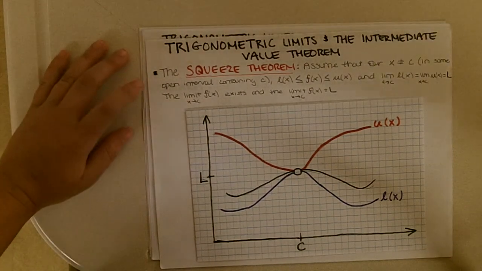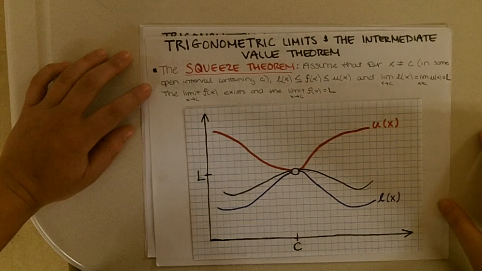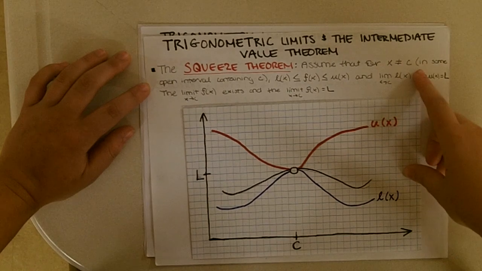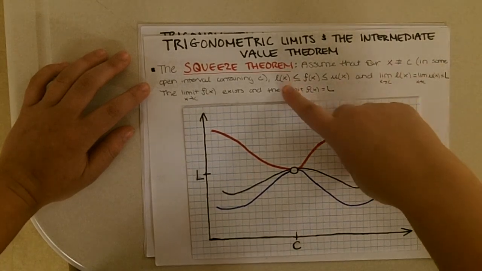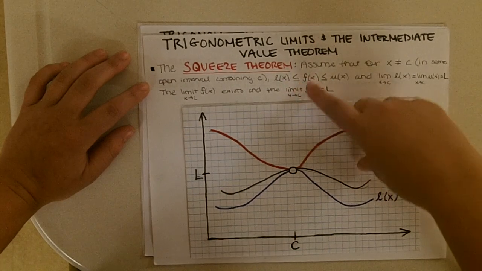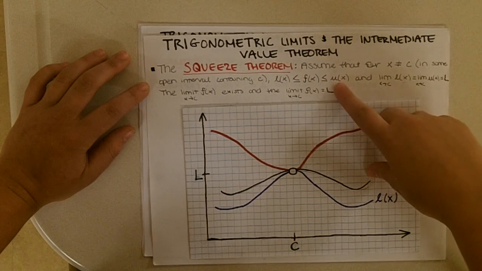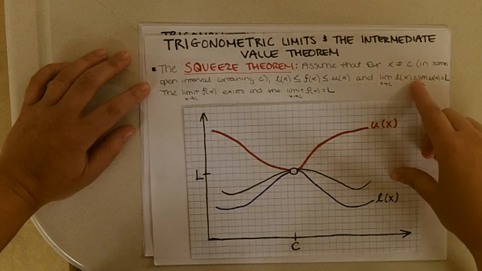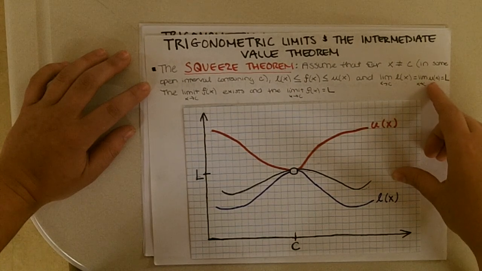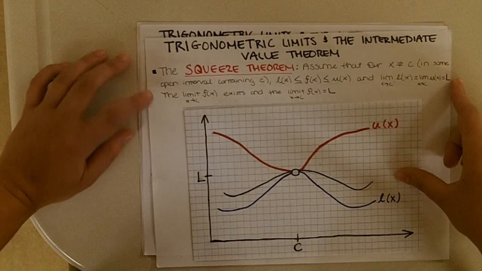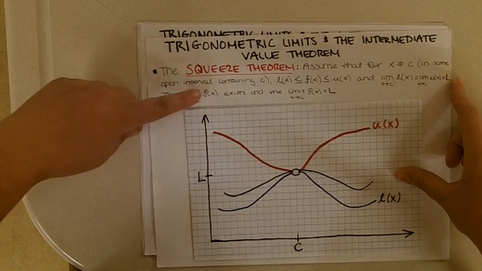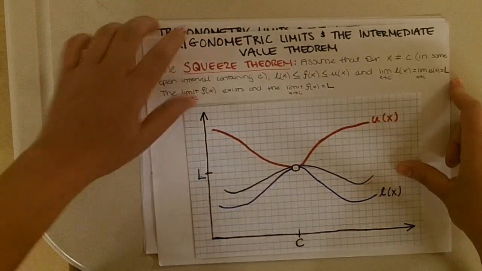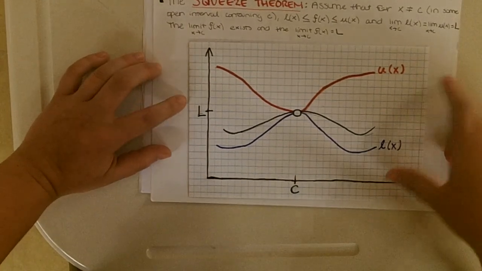Hi, so we're going to start with the Squeeze Theorem, which assumes that for all situations where x does not equal c in some open interval containing c, l of x is less than or equal to f of x is less than or equal to u of x, and the limit as x approaches c of l of x equals the limit as x approaches c of u of x equals L. Then the limit as x approaches c of f of x exists, and the limit as x approaches c of f of x equals L. So a graph of a function that's being squeezed looks like this.